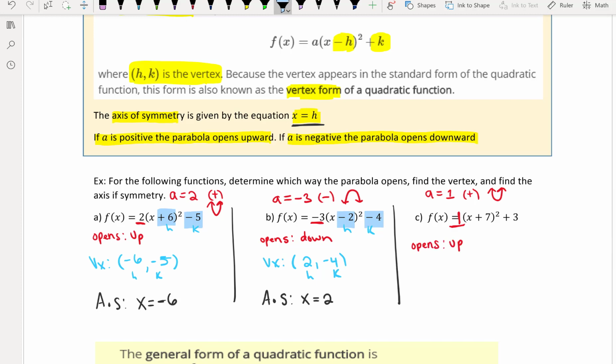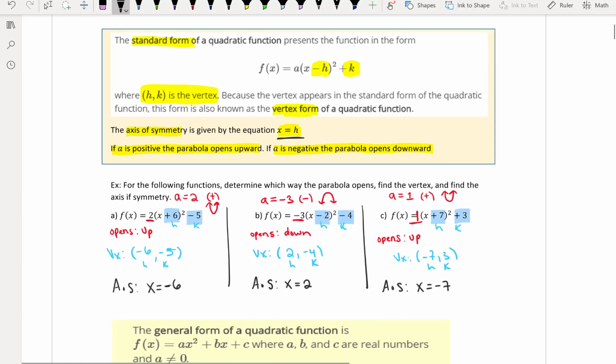I can also tell you the vertex: that's my h and my k value. So my vertex is going to be (-7, 3). Now that I have my h value, the axis of symmetry is going to be x equals -7. I hope that helps.